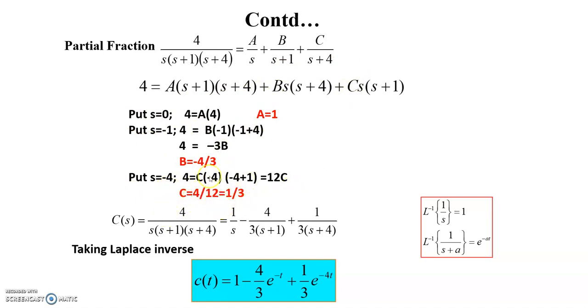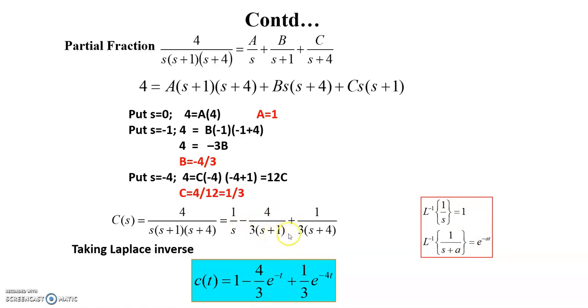Now you can substitute the A, B, C values in C(s). So C(s) = 4/(s(s+1)(s+4)) = 1/s - 4/(3(s+1)) + 1/(3(s+4)). Taking the inverse Laplace transform of C(s), we can find c(t), that is the output response. 1/s is nothing but 1. 4/3 is a constant, keep it as it is.